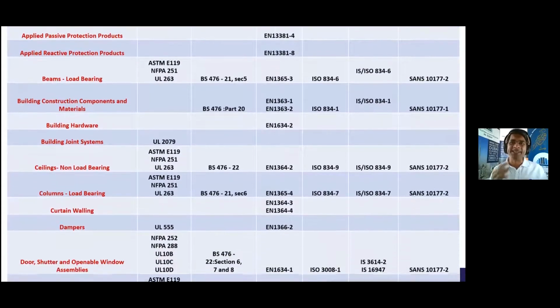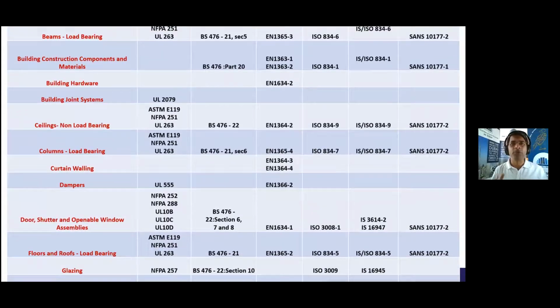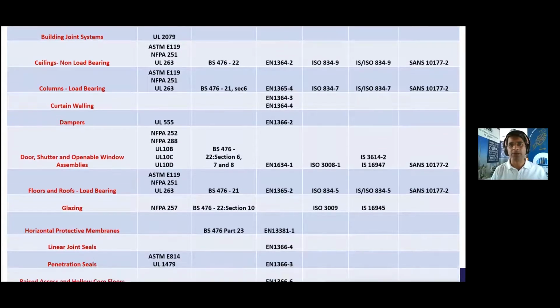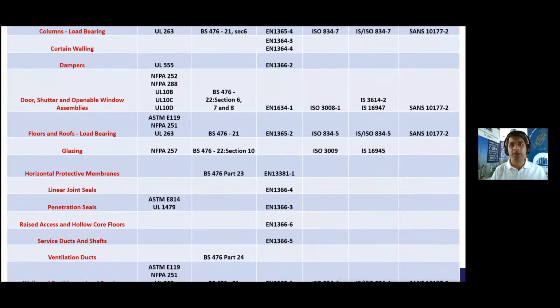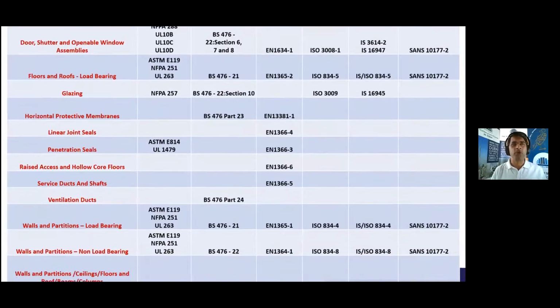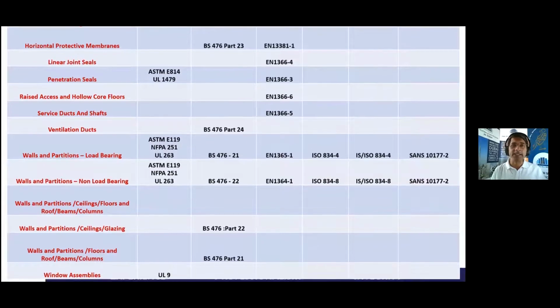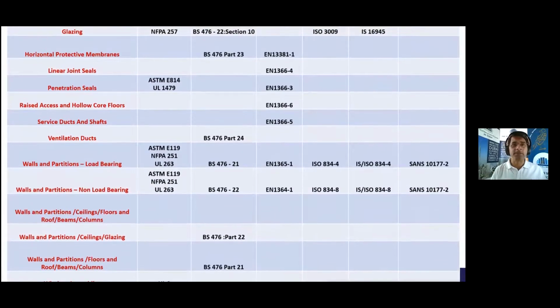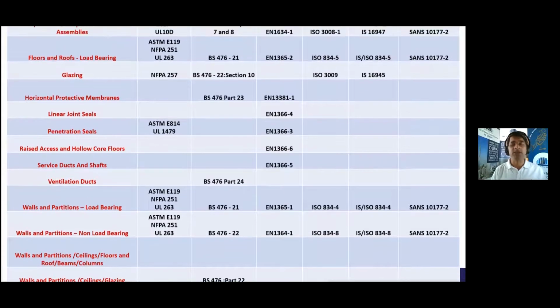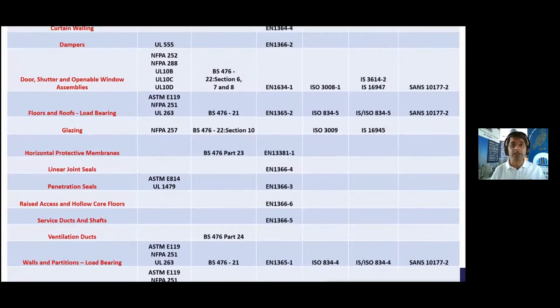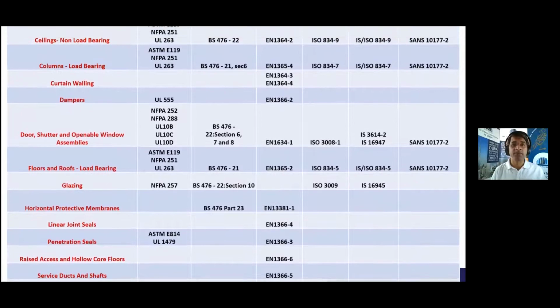But no, it's on the screen basically to help you read through while I talk, because a lot of times people want to understand, hey, what is the standard for a ventilation duct? What is the standard for a partition? Is there an equivalent in the American standards? What is the equivalent in Europe? What is the equivalent in India? What standard should I use?